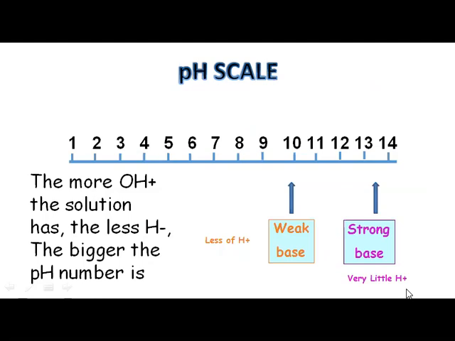Little hydrogen ion, bigger the pH value. Fewer hydrogen ions means a higher pH number for weak bases.